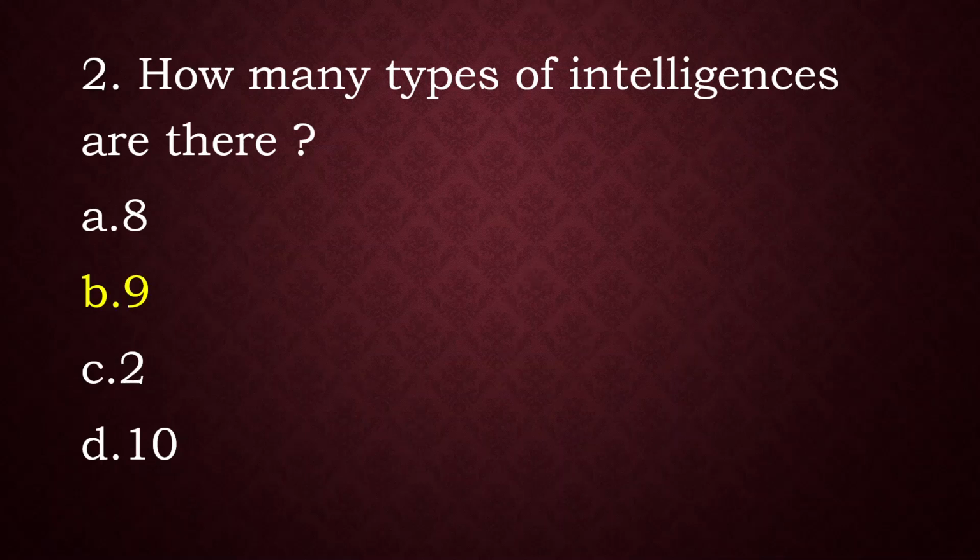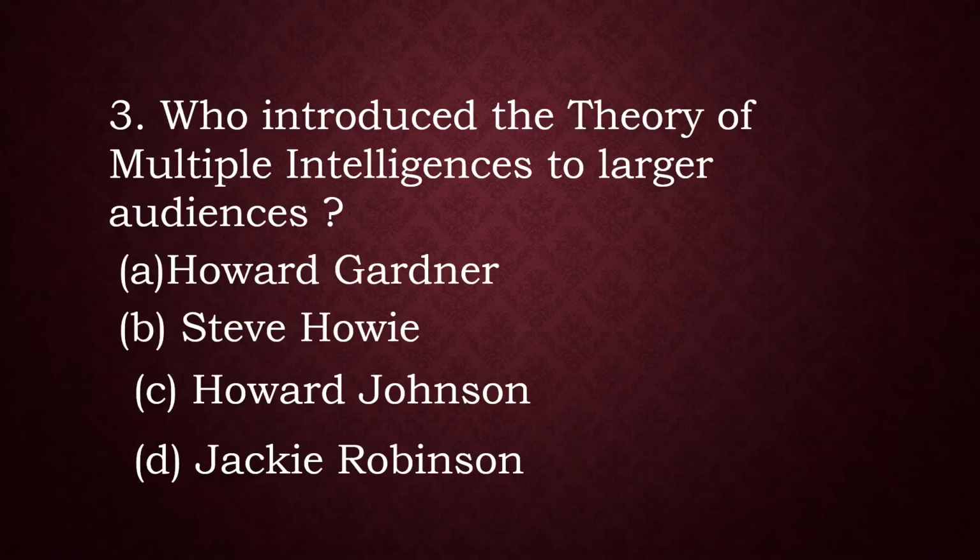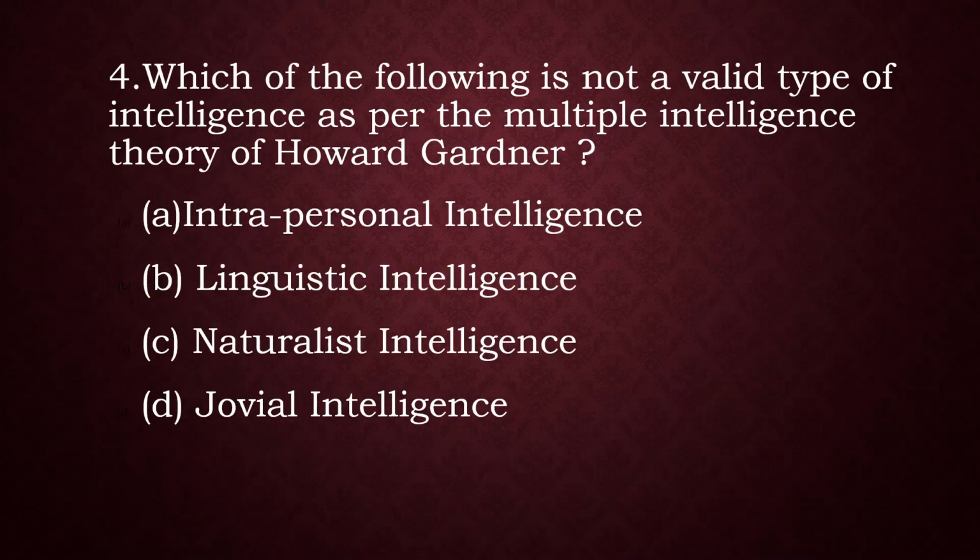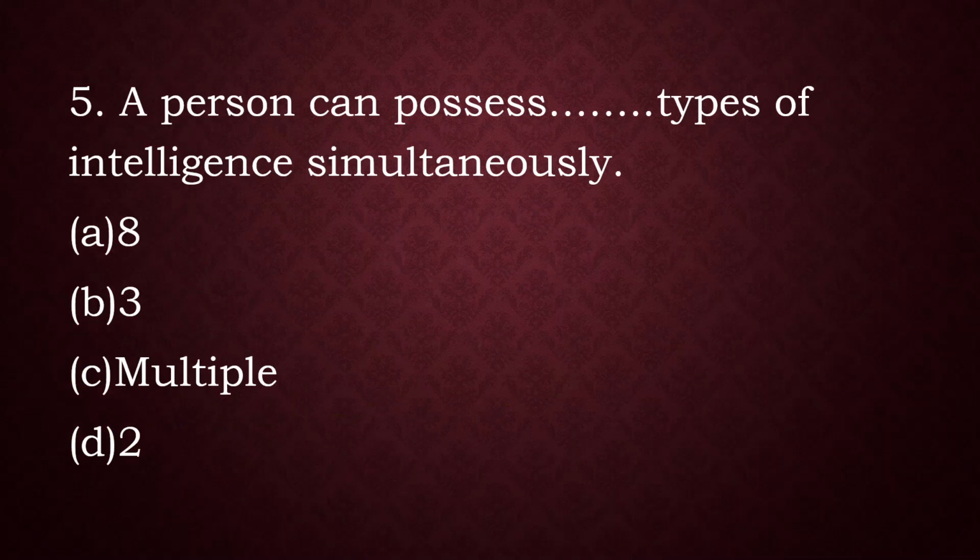Answer: 9. Third, who introduced the theory of multiple intelligence to a larger audience? Howard Gardner. Fourth, which of the following is not a valid type of intelligence as per the multiple intelligence theory of Howard Gardner? Jovial intelligence. Fifth, a person can possess dash type of intelligence simultaneously.